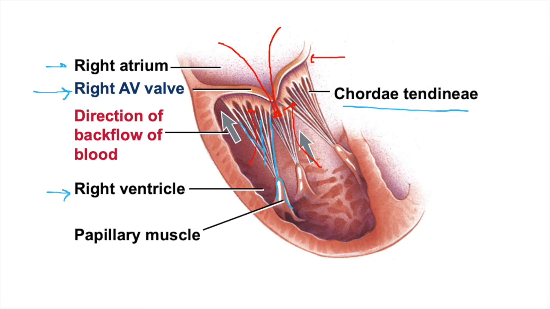So you can imagine that they're going to prevent these flaps from inverting, meaning that they would flip back, kind of like in this orientation, and allow blood to move back into the atrium. Because we have the support from the papillary muscles and these tendinous cords, we don't get inversion of this valve, and when blood is pushed back by the ventricle with a contraction towards the AV valve, it snaps shut and blood only moves forward toward the lungs.